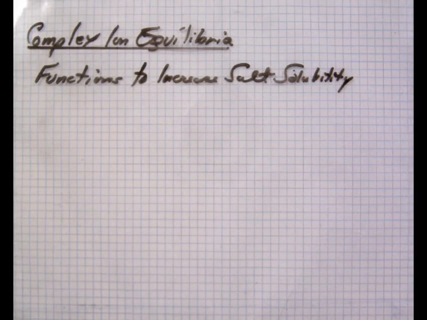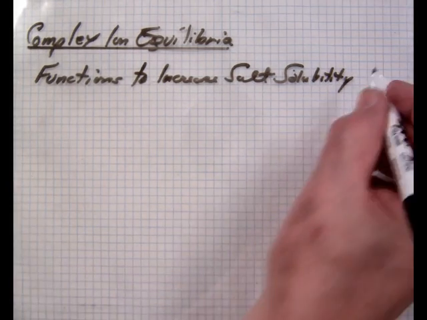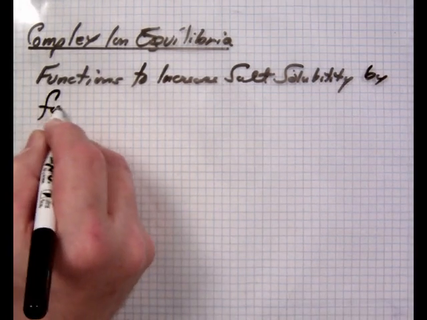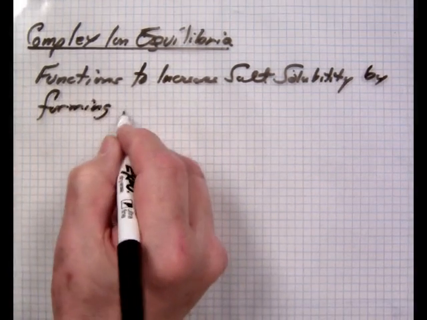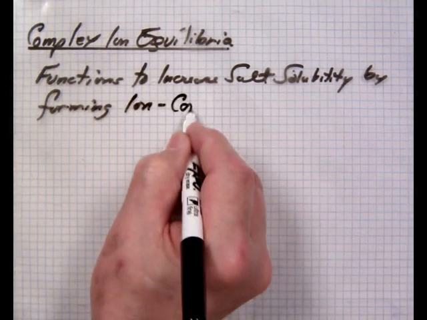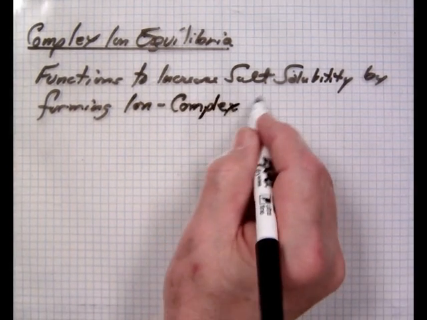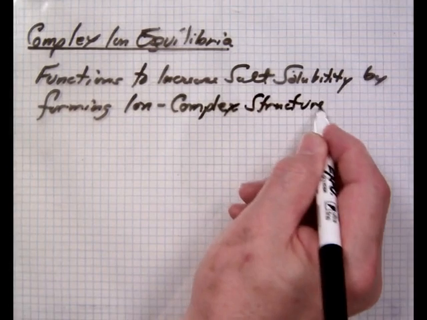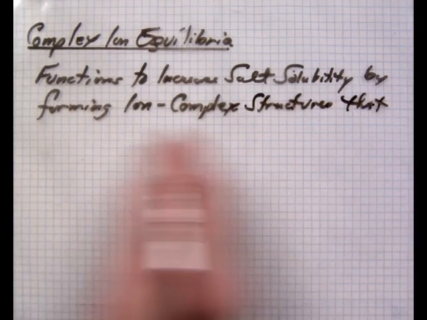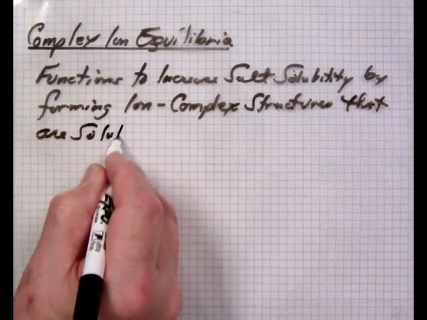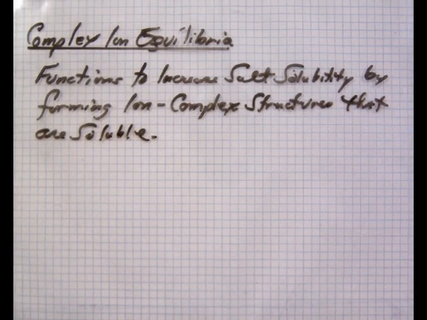By forming complex structures that are soluble. And just like the buffer action, where it started taking items into the solution like OHs and combining with hydrogen, it creates a void in the equilibrium and shifts the reaction.